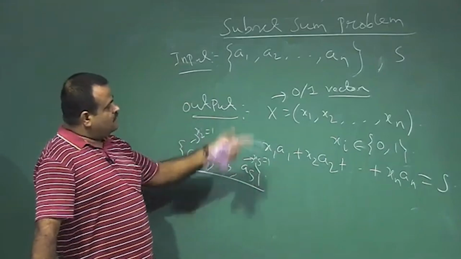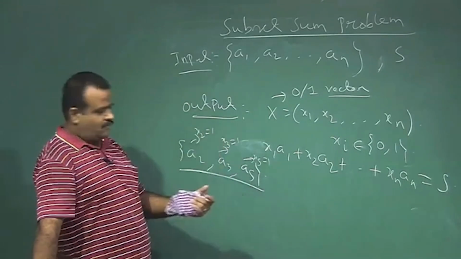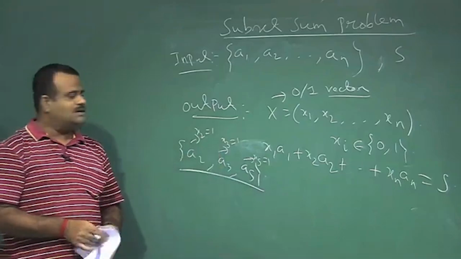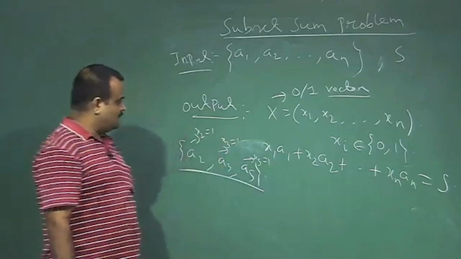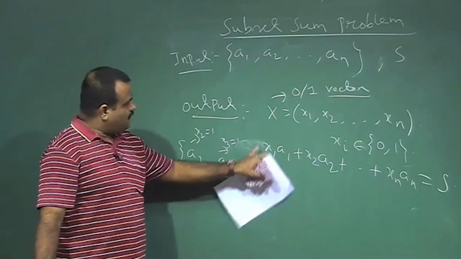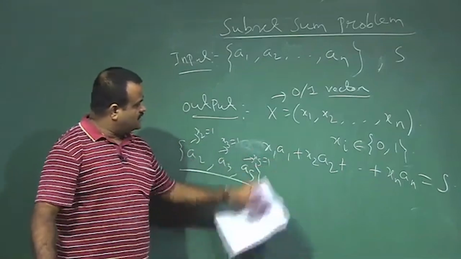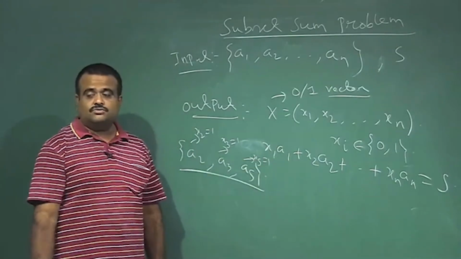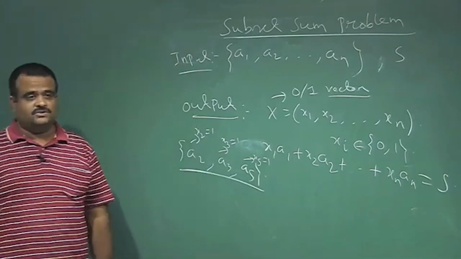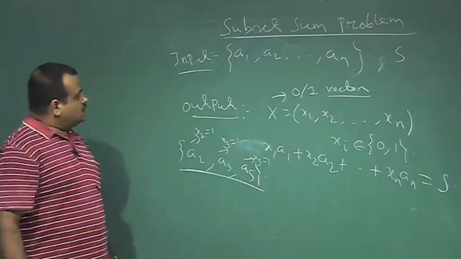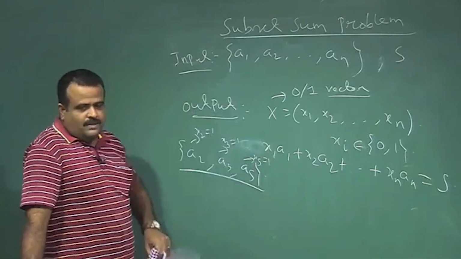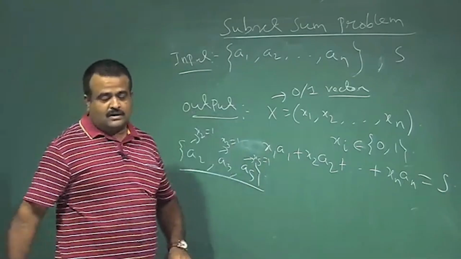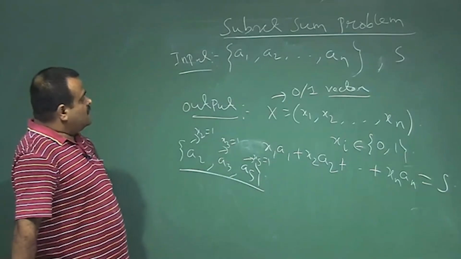In general, the exhaustive search is that we have to try all subsets and check whether each one matches or not. Each xi is 0 or 1, so that is an exponential time algorithm, which is hard. This is called the subset sum problem.